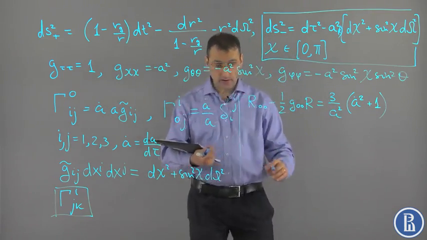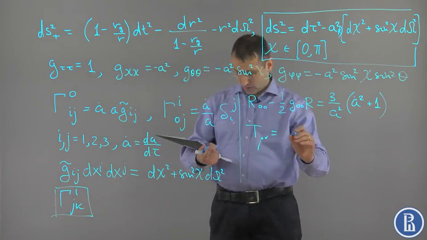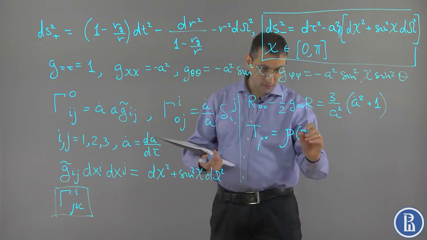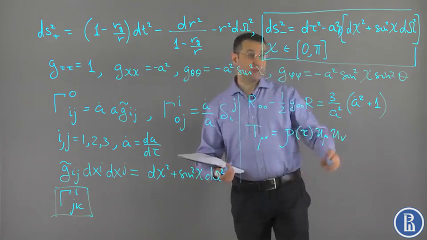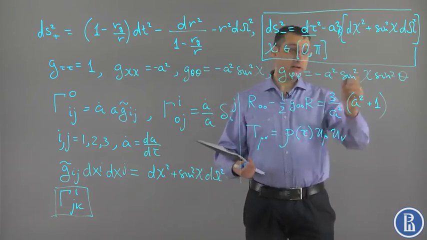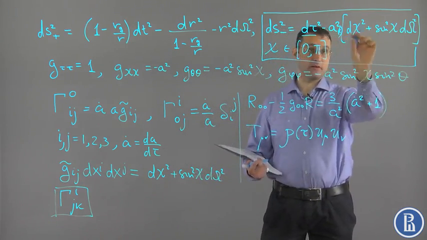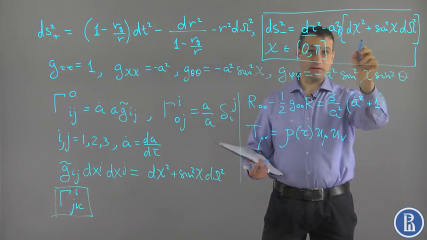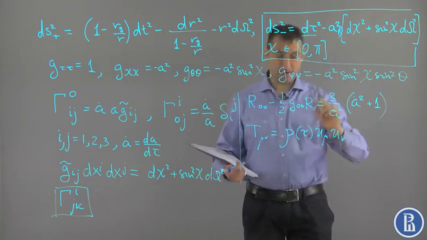And also, due to the fact that T mu nu is equal to rho of tau u mu u nu, in this metric the dust is in free fall. So basically in the coordinates d tau, when tau is fixed, the dust is stationary.